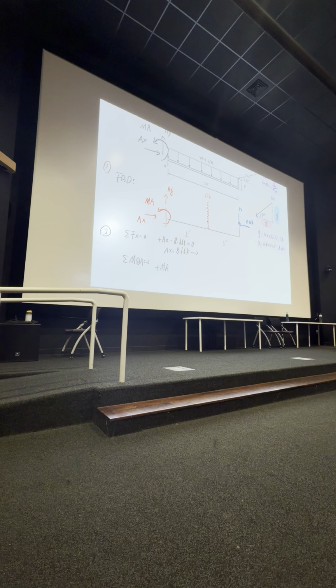But we do need to care about this 10K, because this 10K will contribute moment at point A. This 10K will rotate around point A in which direction? It would go clockwise, right? So it will go like this. Clockwise means negative 10K multiplied by our distance, 5 feet.